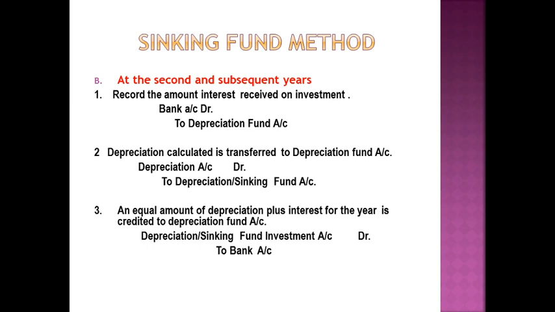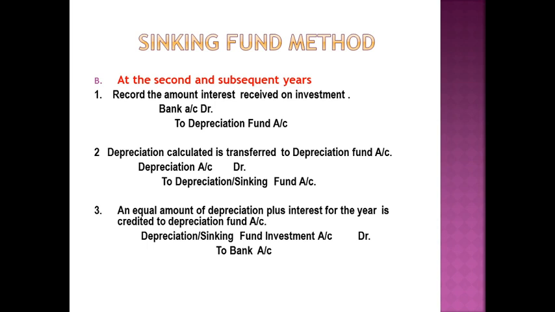Then in the second and subsequent years, the following journal entries are passed. Record the amount of interest received on investment: Bank Account debit to Depreciation Fund Account. Then, as in the first year, we calculate depreciation: Depreciation Account debit to Sinking Fund Account.